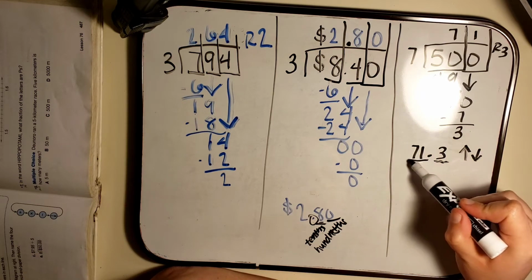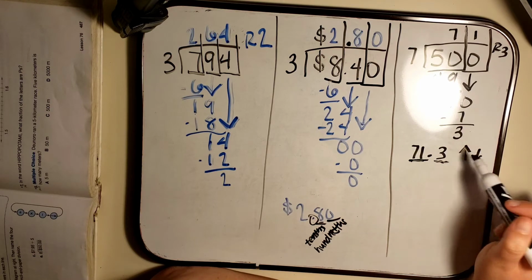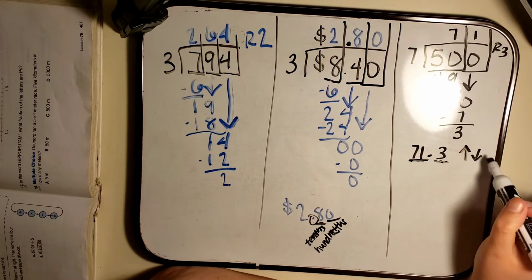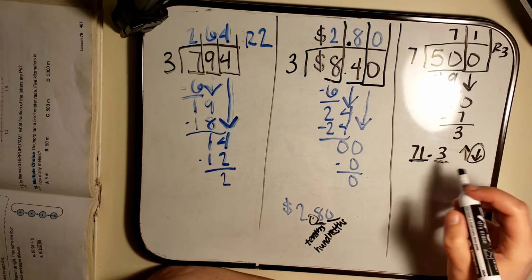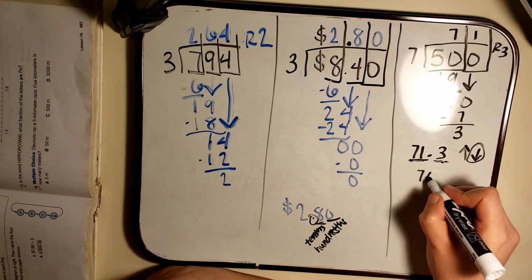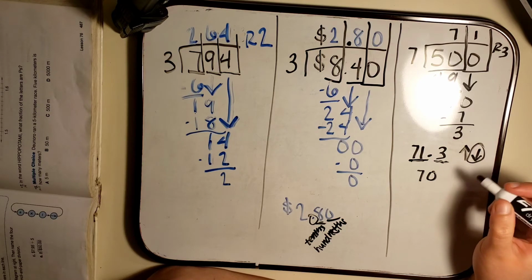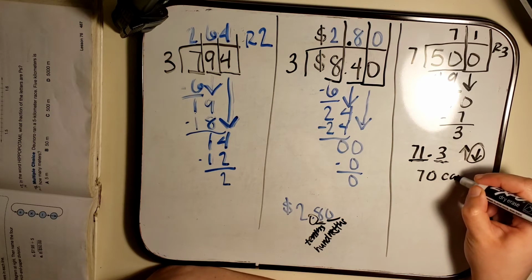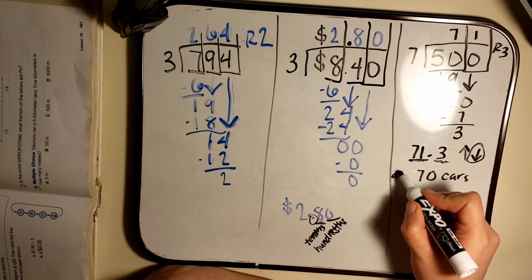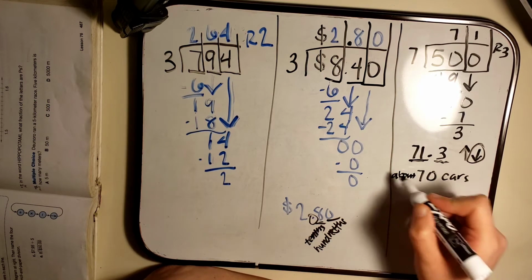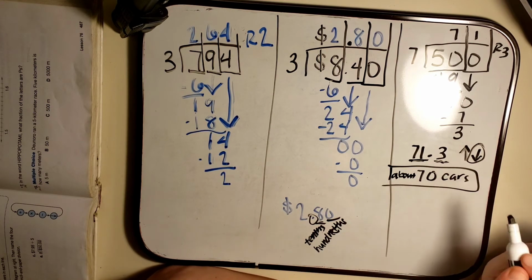So we're looking to change this whole number. Because it's closer to 0, we go down, which turns 71 into 70. And it's asking about cars, so 70 cars. And it's just about 70 cars is our answer.